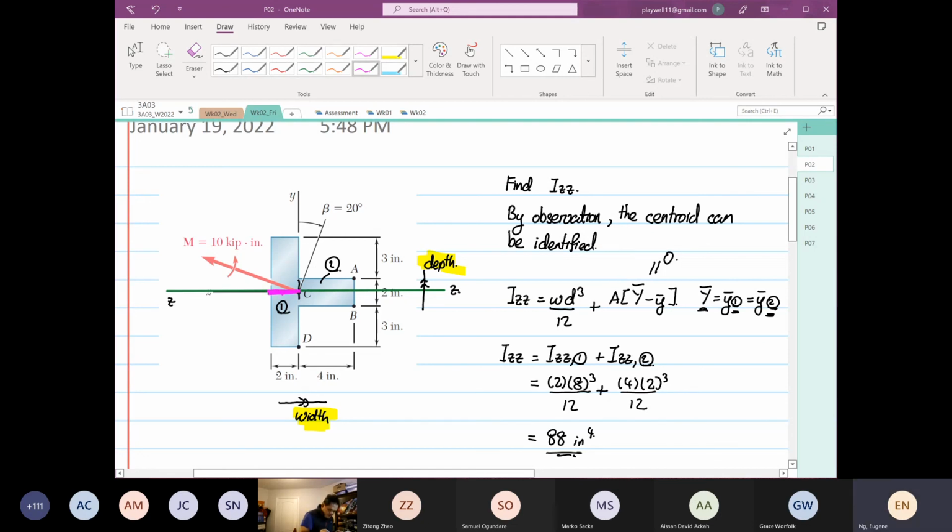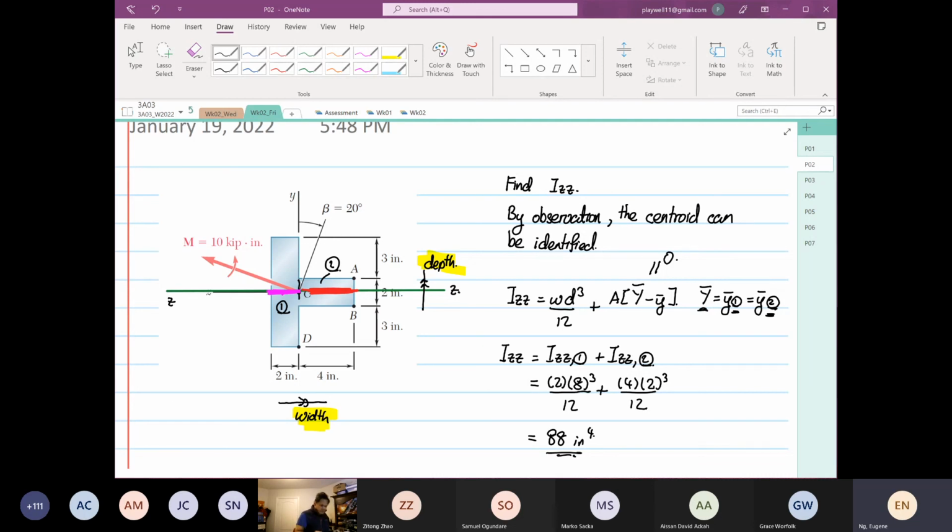And the individual centroid for part 2 is also over here. So they are all on the global centroid. Okay? I don't hear from Samuel, means he's good.